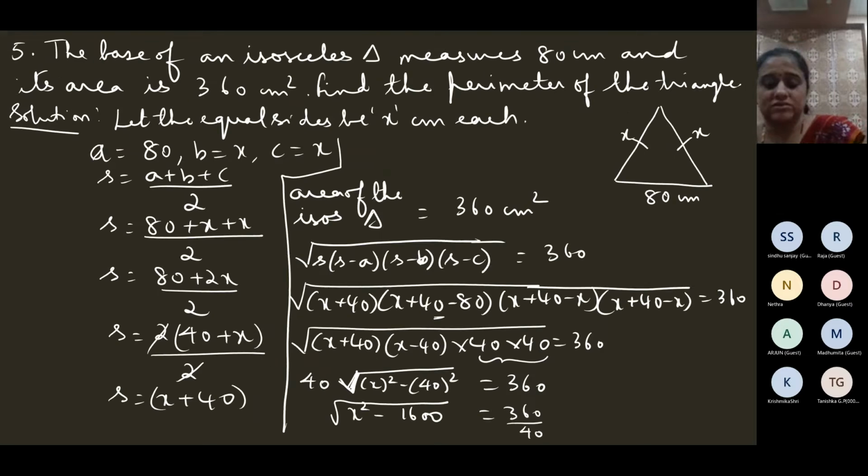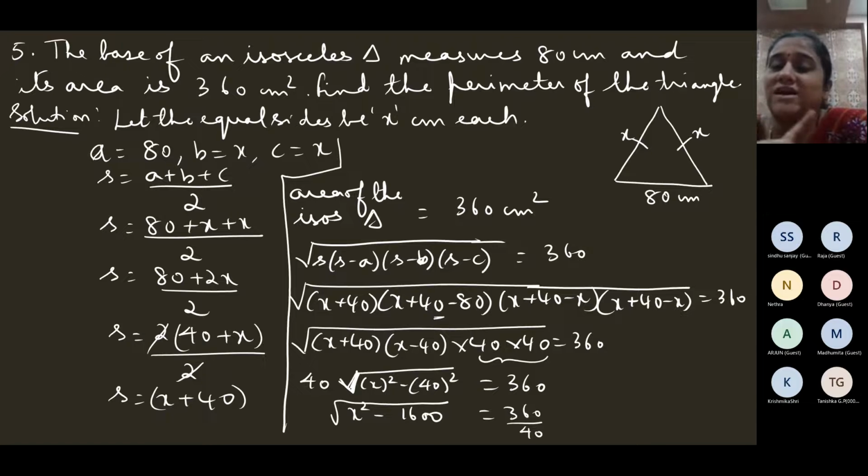All right. So let's see the question again. The base of an isosceles triangle. Remember that the term base, listen, this is important. The term base in an isosceles triangle refers to that side which is not any of the equal sides. Now we know that in an isosceles triangle, two sides are equal.